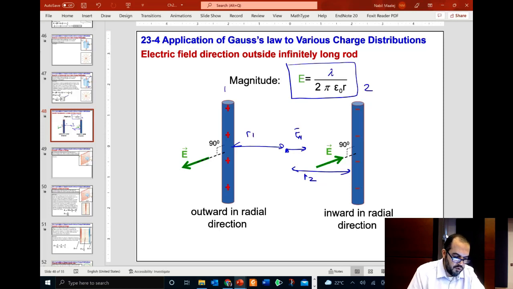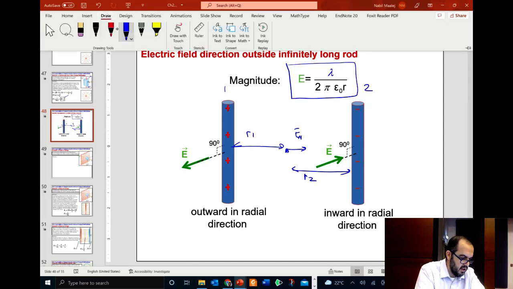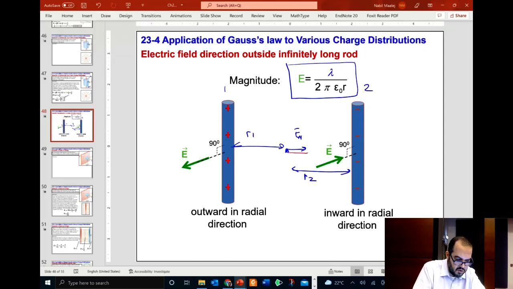If you draw the electric field from the negative line charge, it will be in the same direction, E2. Remember, the electric field points away from the positive charge and towards the negative charge. So you can see in this case E1 and E2 are in the same direction, so they don't cancel.